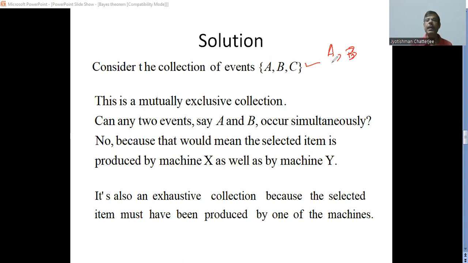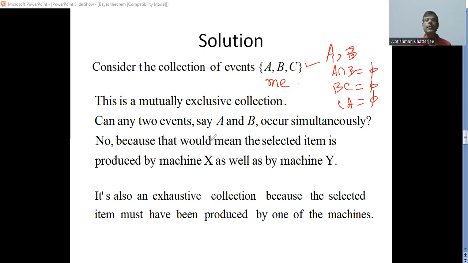So A and B cannot intersect. In other words, A intersection B is the null set, so is B intersection C, and so is C intersection A. That's why this collection is mutually exclusive.